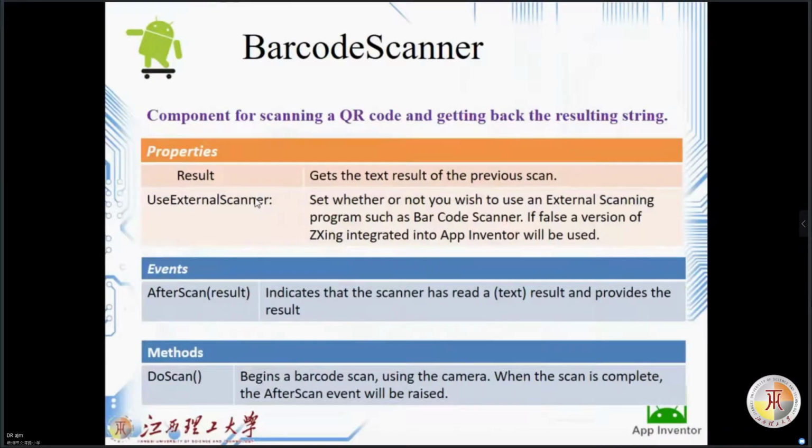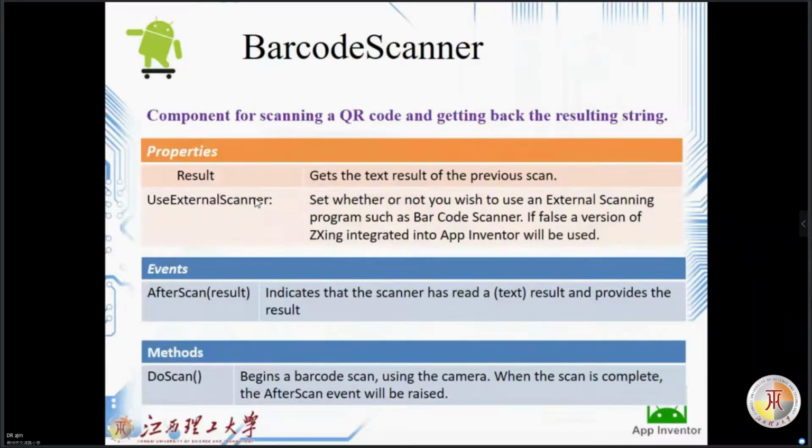With UseExternalScanner, you can set whether or not you wish to use an external scanning program such as Barcode Scanner, and if false, a version of ZXing integrated into App Inventor will be used.